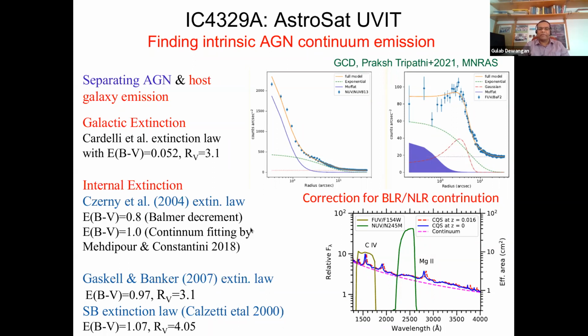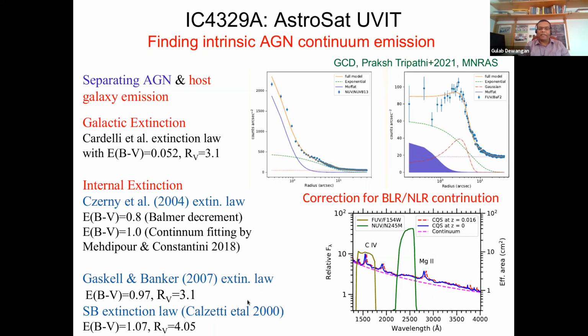So in this particular case, we have used a number of different extinction laws by Sejourne et al., with different color axes that determine the amount of extinction from the Balmer decrement, as well as by continuum modeling by other people. We have also used the Gaskell and Benker extinction law, as well as the starburst extinction law, because there is a dust lane passing through, so there is lots of star formation as well, and that is why we use the starburst extinction law.